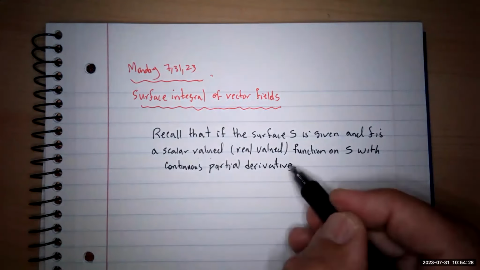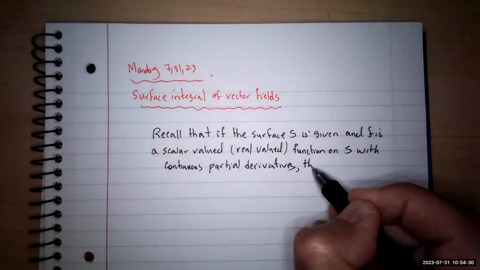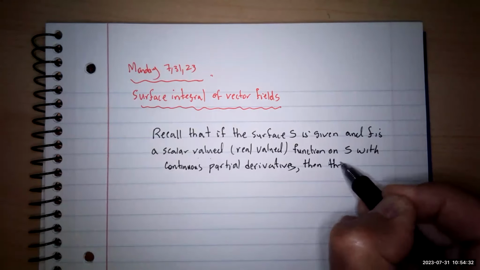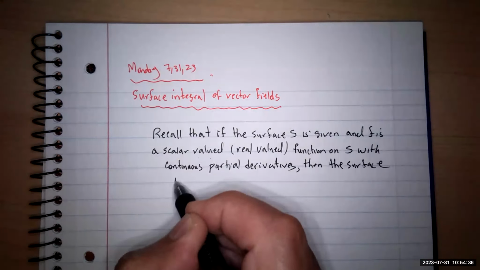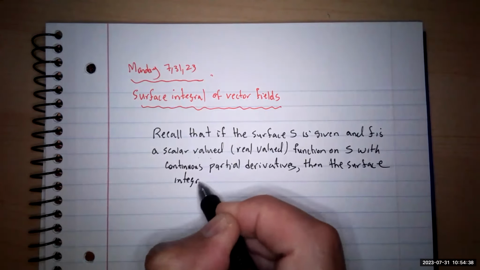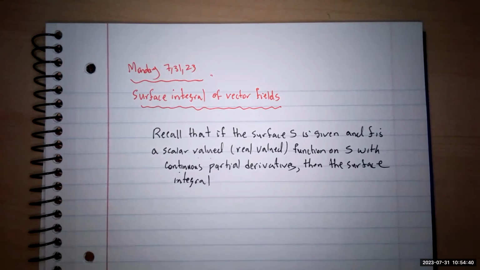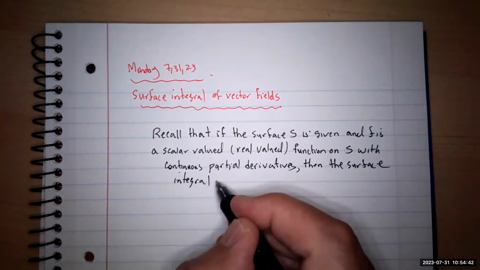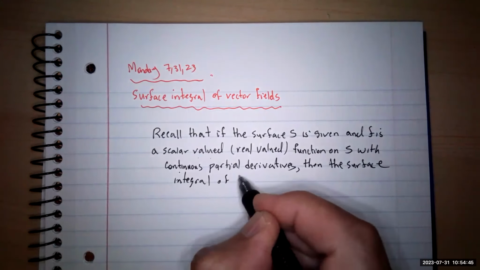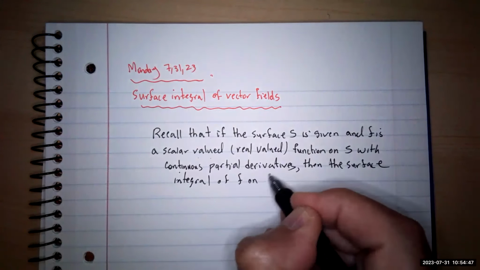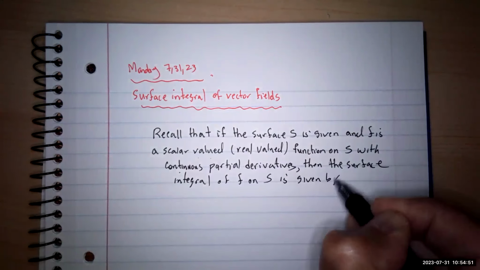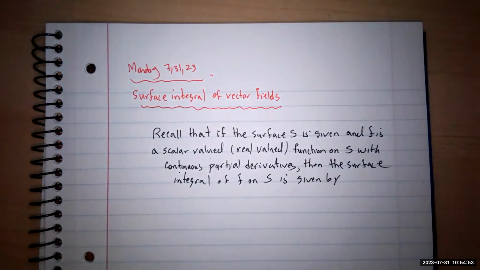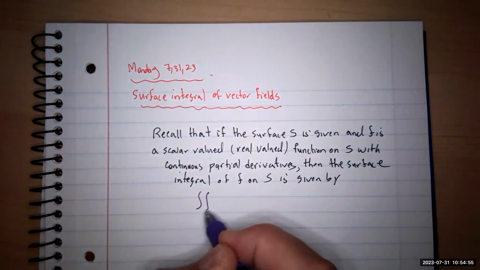then the surface integral of F on S is given by this formula. It's a kind of double integral.